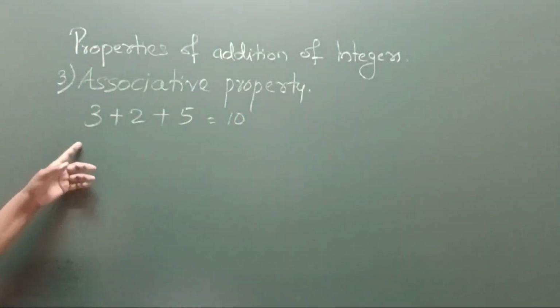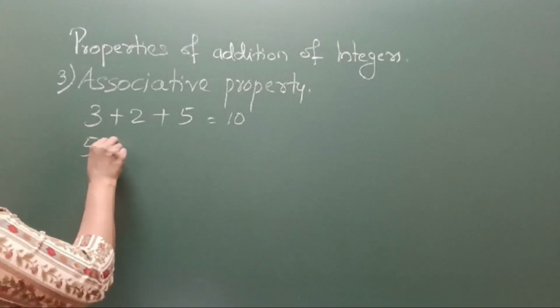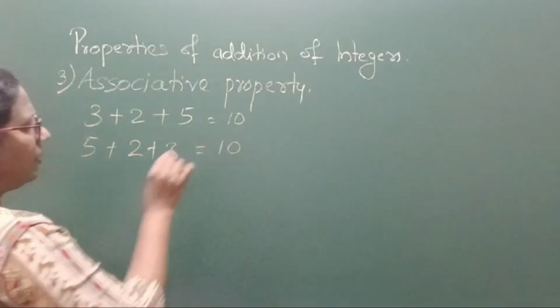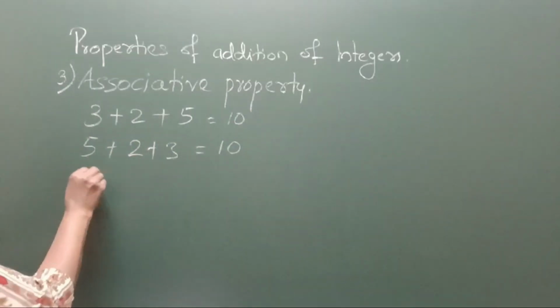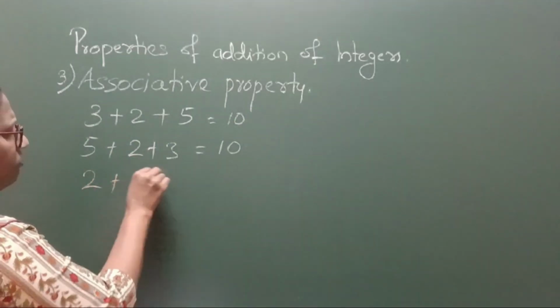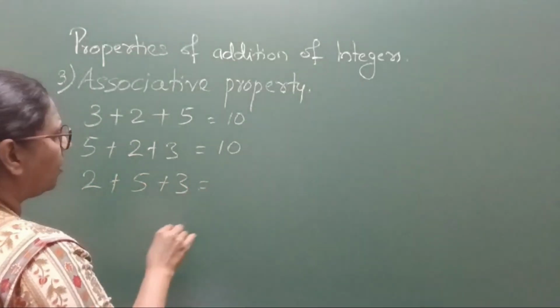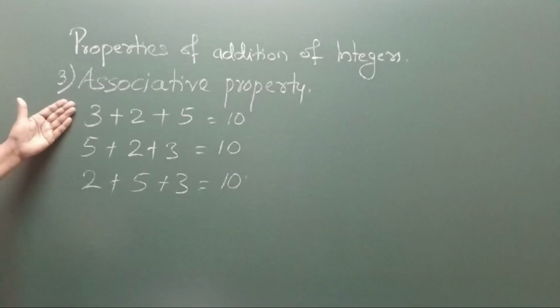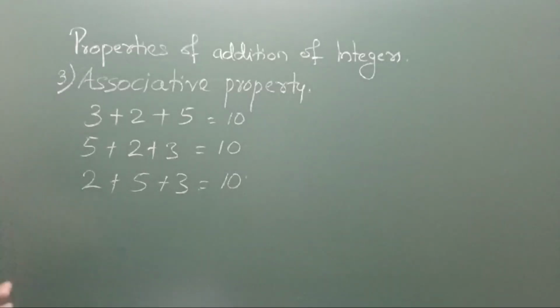Now 5 plus 2 plus 3 is equal to 10. 2 plus 5 plus 3 is equal to 10. See, is there any difference? No. That is associative property. We can group it in any order and we can find the sum.